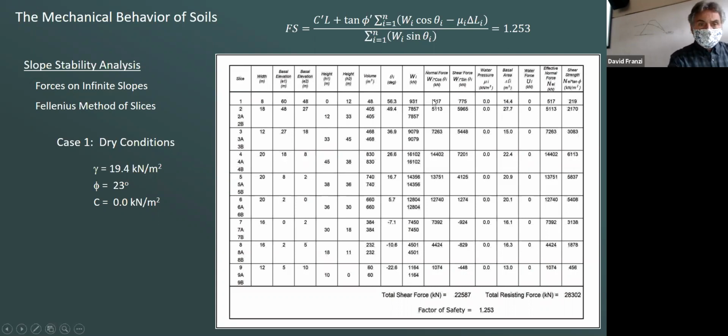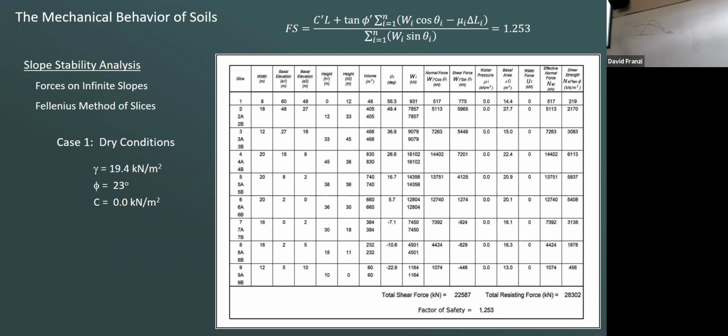So the normal force is going to be W of the first slice times the cosine theta. And we just calculated theta in degrees. It's 56.3 for that first slice. That's our slope. The shear force is W sine theta.